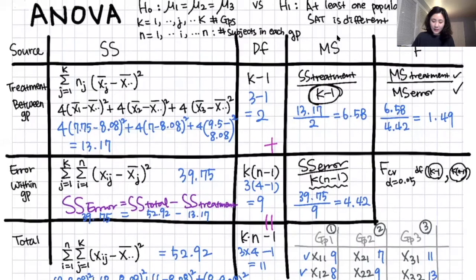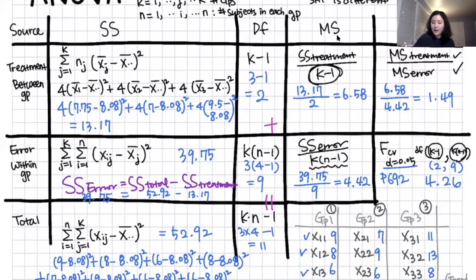So for making a decision, I need to compare with the critical value. On page 692, alpha is 0.05 and my degrees of freedom are 2, 9, which gives 4.26. So I need to compare the F observed value to the F critical value.